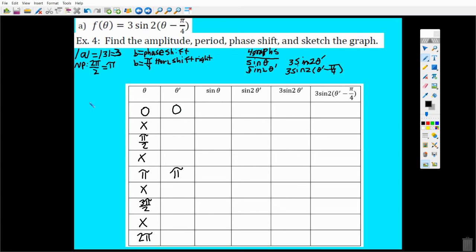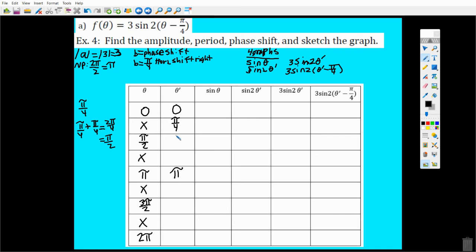But if I take pi and again divide it by 4, the next number here, we're going to add pi over 4. Okay, and then we're going to add pi over 4 again. So if I add pi over 4 plus pi over 4, we end up with 2 pi over 4, which if you reduce that, that's just pi over 2.